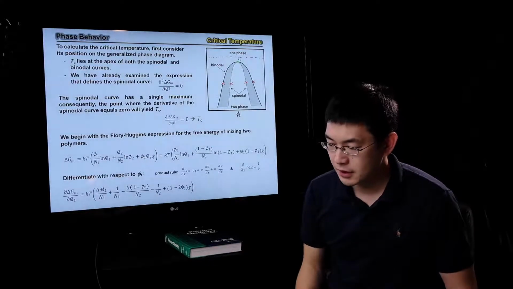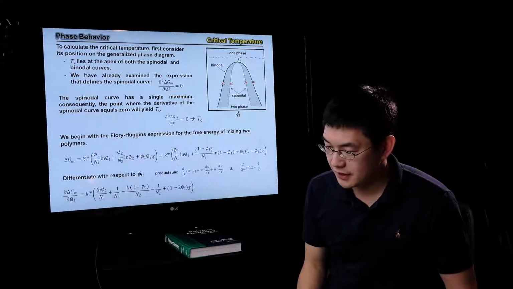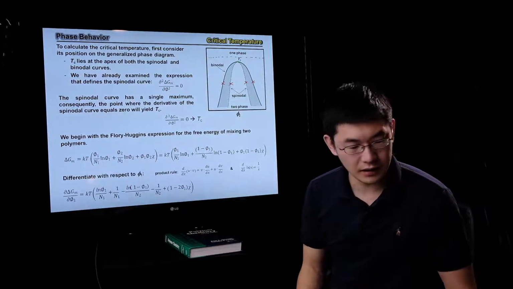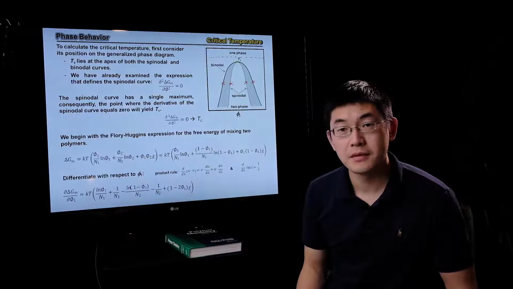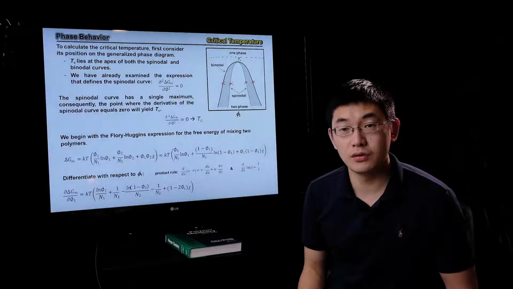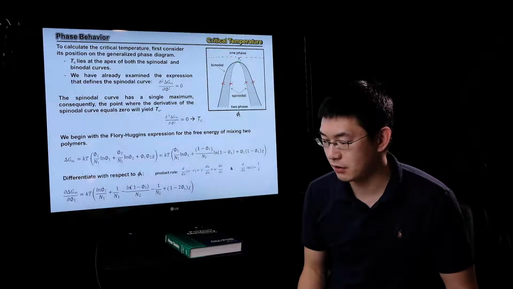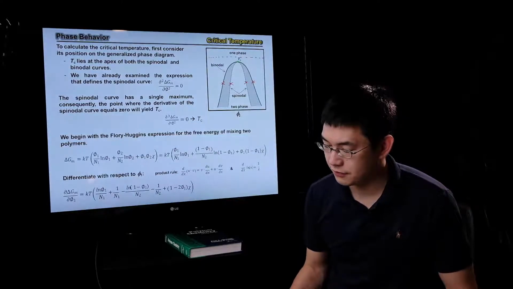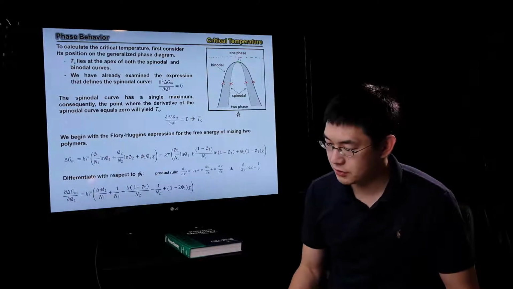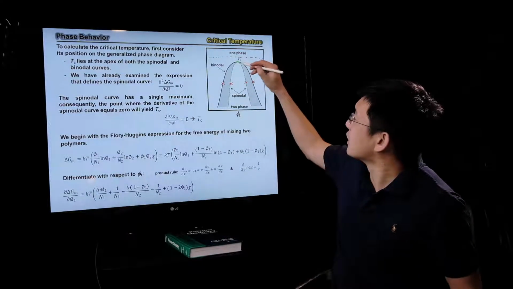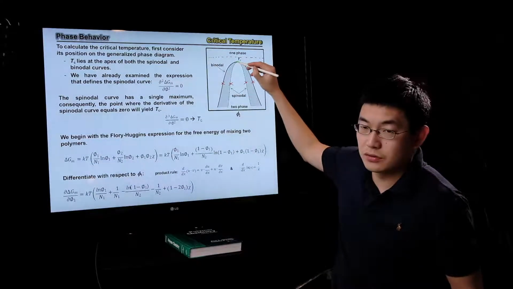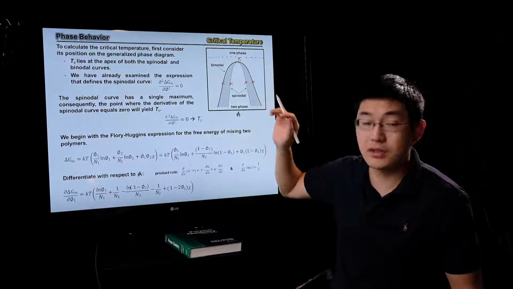Okay? So the phase diagram can basically be obtained from the definition that you would have an overlap of the spinodal and binodal curves. And this is where these two curves actually intercept.